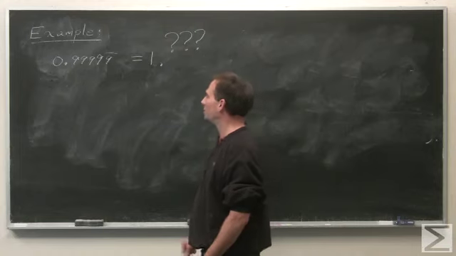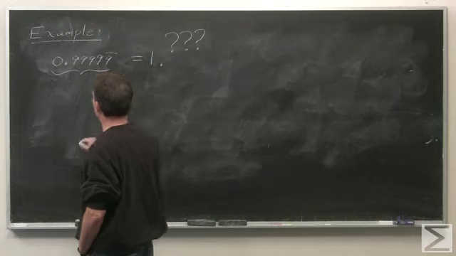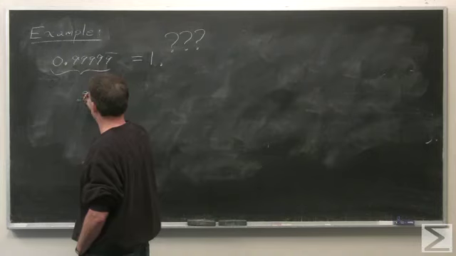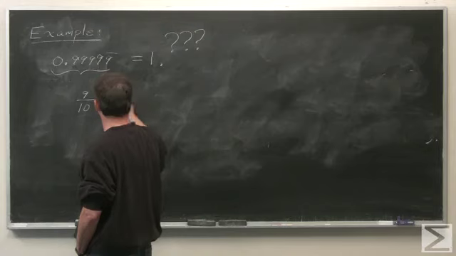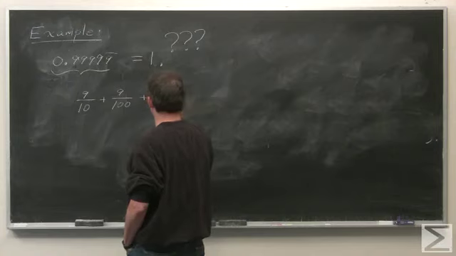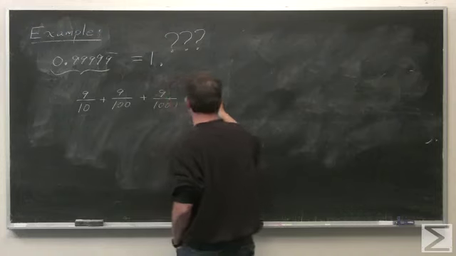What does this have to do with geometric series? Well, think about it. What does 0.9 repeating mean? It means that 9 right there means 9/10. And that 9 right there means 9/100. And that 9 right there means 9/1000. And this just keeps going.